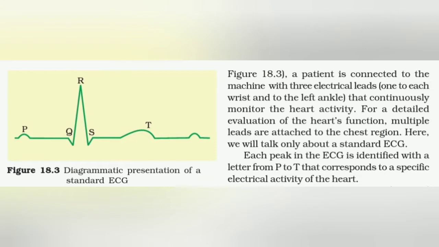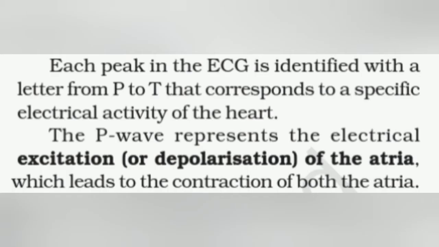For a detailed evaluation of heart's function, multiple leads are attached to the chest region. Here we will talk only about a standard ECG. We can see the ECG has three kinds of peak: peak P, peak QRS and peak T. Each peak in the ECG is identified with a letter from P to T that corresponds to a specific electrical activity of the heart.